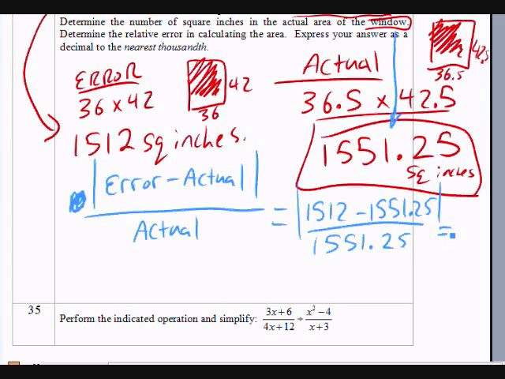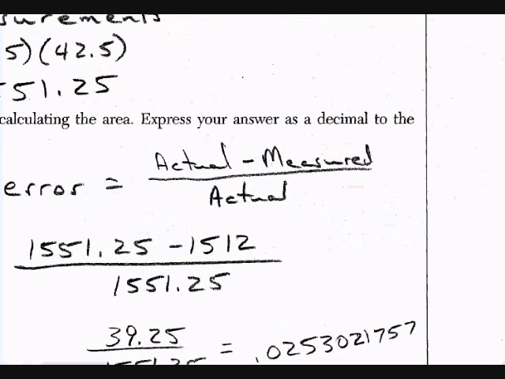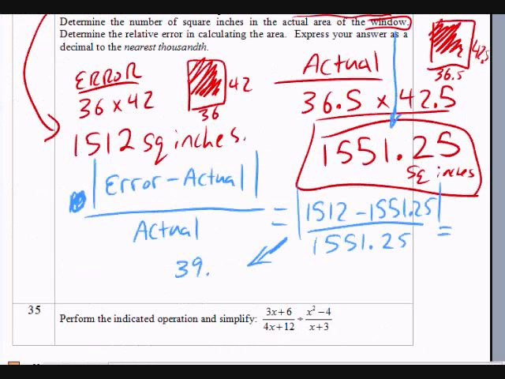So this will give you, okay, so what happens here, the top, when you subtract that, will give you 39.25. We divide that by 1551.25, and that'll give you approximately 0.025.